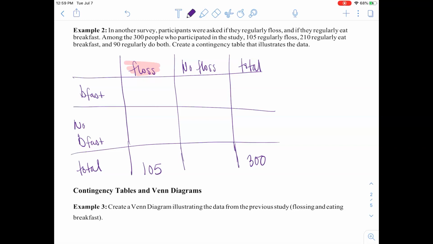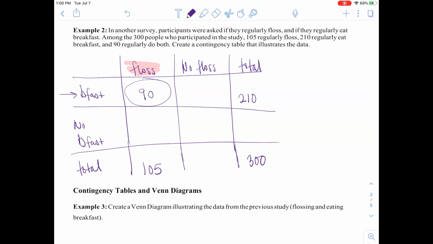So I'm going to look in my breakfast row and my total there is 210. And then it says 90 do both. Okay, so I'm going to look for where they floss and breakfast combine, or the cell that combines both of them, which would be right here. So that's where I would put 90.